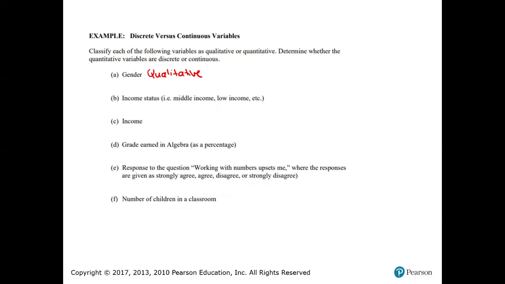Next one, B, income status, for example, middle, low, high. Those are word responses. That is qualitative. When it just says income, that is going to be a number value that we can run calculations on.